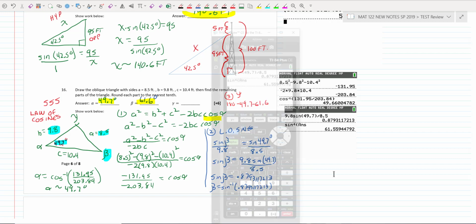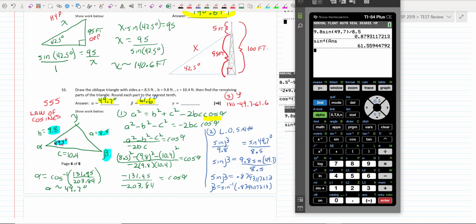I'll just punch that in on my calculator: 180 minus 49.7 minus 61.6, and that will give an answer of 68.7 degrees. Okay, so that would solve the triangle.